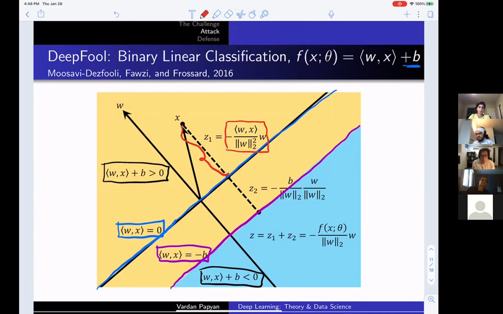So the only thing that we need to do is understand what this vector is, basically, right? We know that the direction of this vector has to be equal to w over the L2 norm of w, just the unit vector, because, is it clear why or not clear?